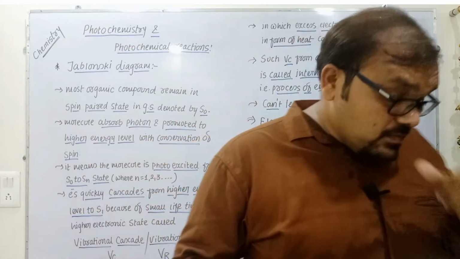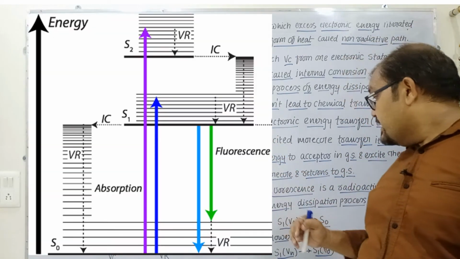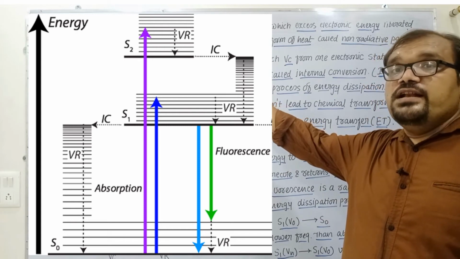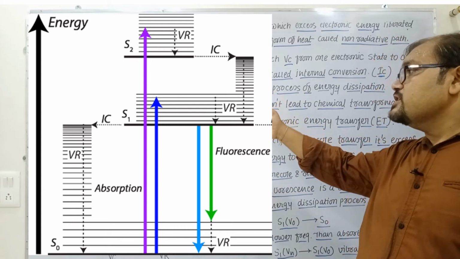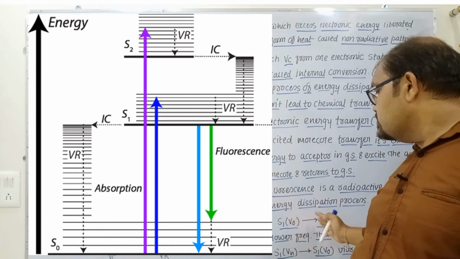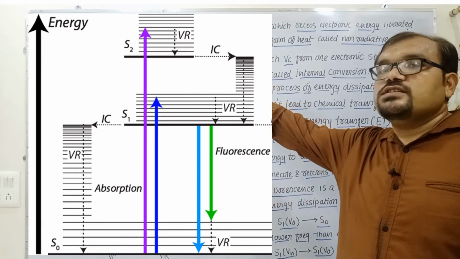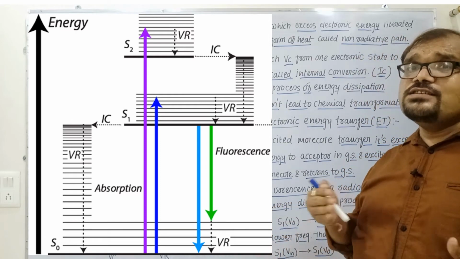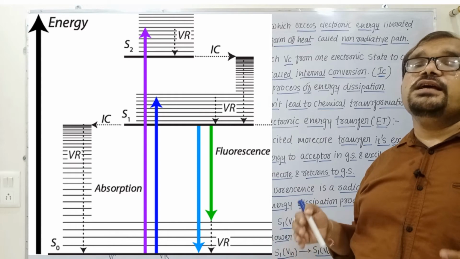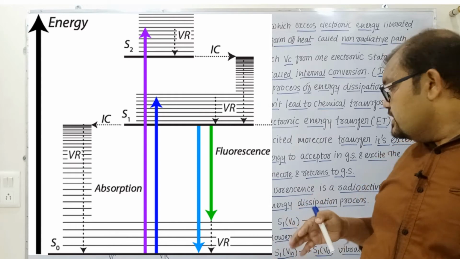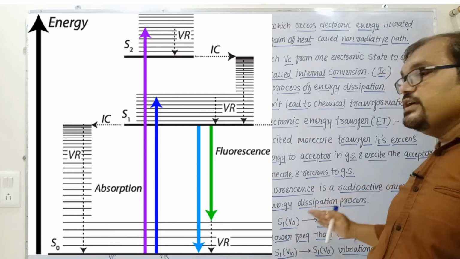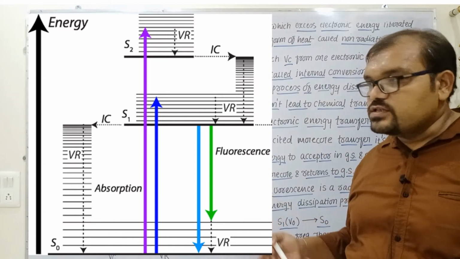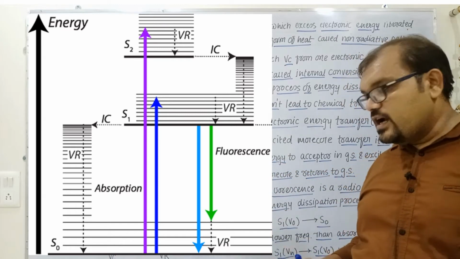As we can see on the board, when the molecule is shifted from S1V0 to S0, that is, first excited state to ground state, the excess of energy is liberated in the form of radiation, that is, a radiative unimolecular energy dissipation, and such a process is known as fluorescence, as we can see in the chart.